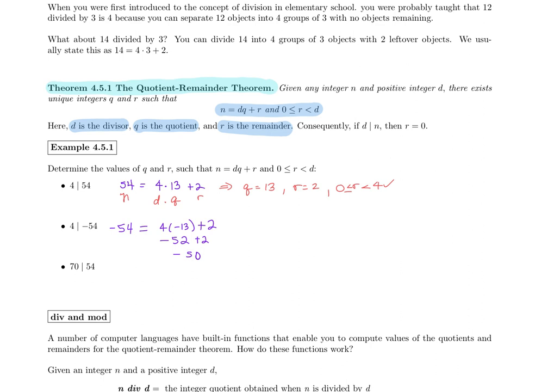Luckily, that's our divisor, so instead of 13 we make it negative 14. Now we get negative 54 equaling negative 56 plus 2, and that's exactly what we're looking for. So here our quotient is negative 14, our remainder is still 2, and our remainder is still between 0 and 4.